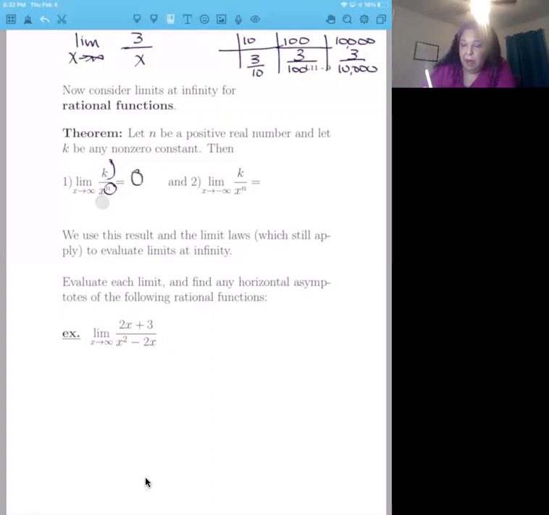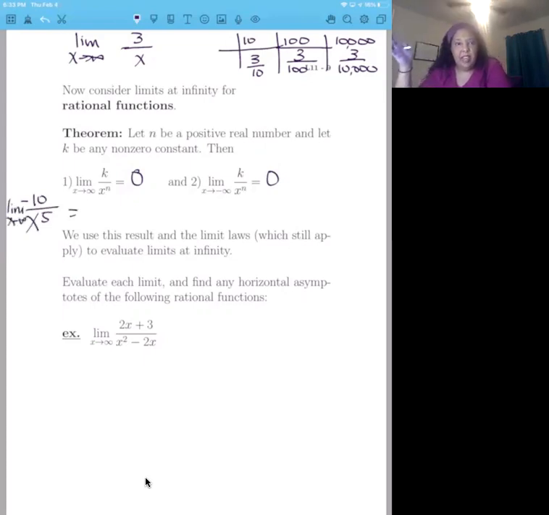So anytime I have a constant number over something that's going to infinity or negative infinity, I am going to get 0. All right. So if I had negative 10 over x to the 5th, and I wanted the limit as x goes to infinity, I have negative 10 over something that's just getting bigger and bigger and bigger.